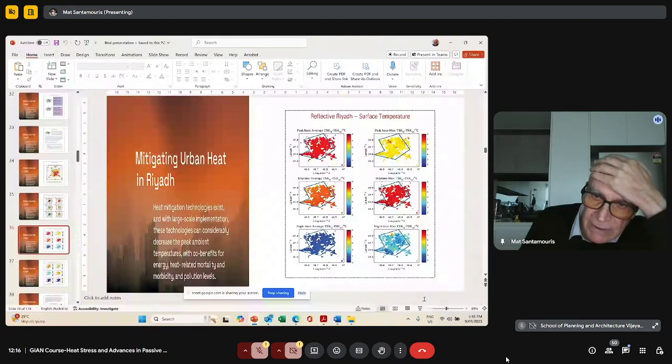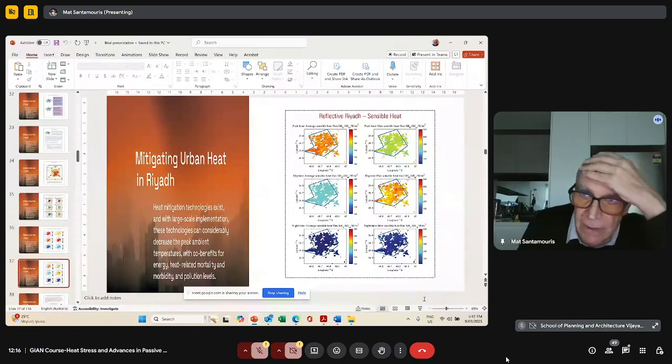And by using these technologies during noontime, we succeeded to decrease the peak surface temperature by up to 8 degrees. This is very important because 8 degrees is a very high reduction of surface temperature, which helps to decrease the heat.